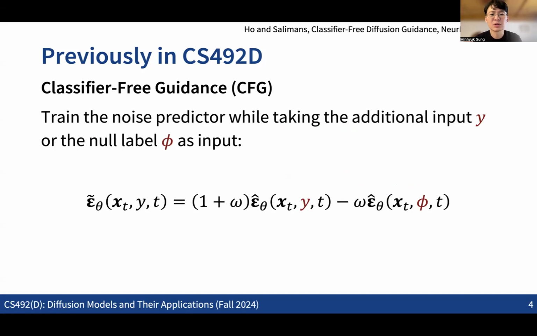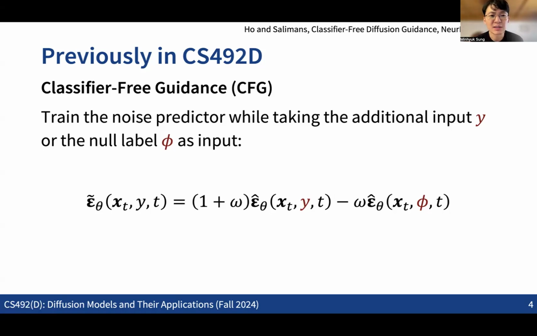And we can also enhance the given condition by doing some extrapolation, since we are training the noise prediction network both with the input condition y here and also introducing a null label, which is the unconditional case. By having some linear combination with some weights, the omega here, we can enhance the given condition.